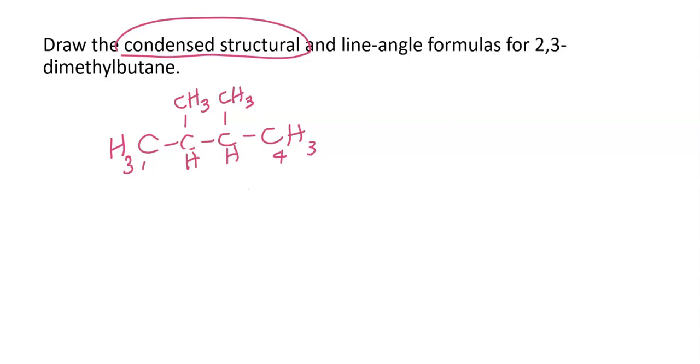Okay, and the other one is the line angle formula. I will just convert this into a line angle formula for butane. I will draw it like this. And in the second and third positions, I have to draw another methyl group. I will just draw it like this.